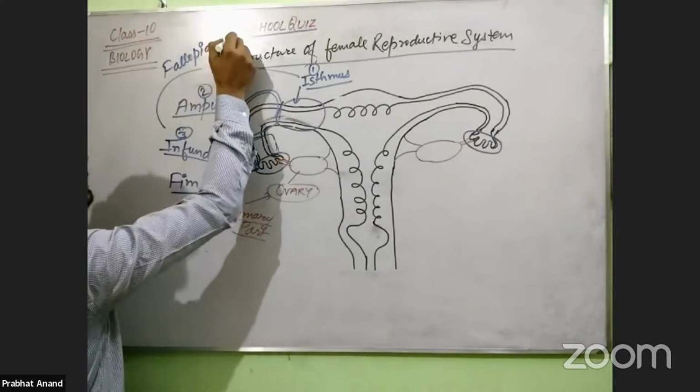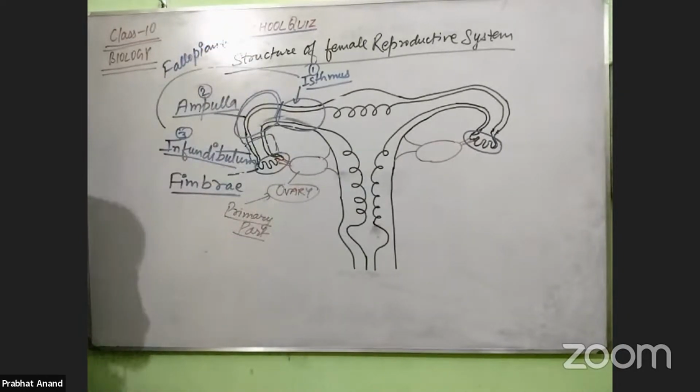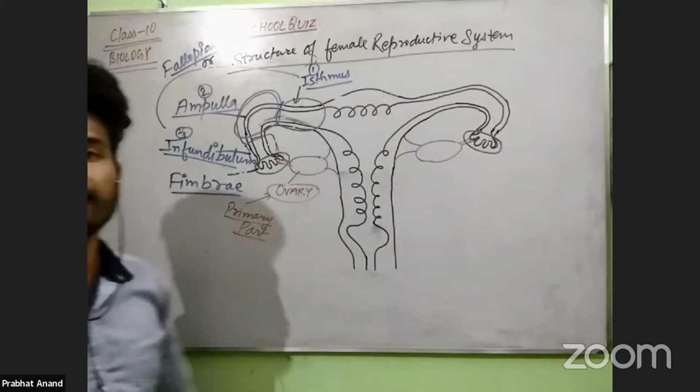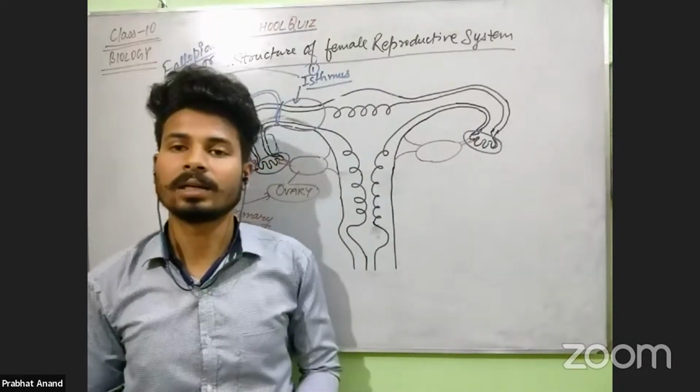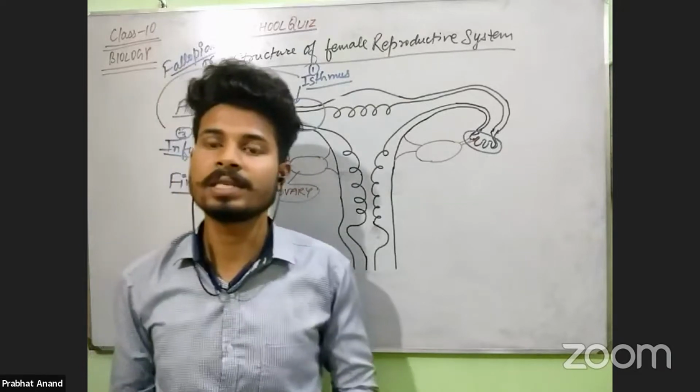What do we call these three parts combined? Fallopian tube, right. So what is the other name of the fallopian tube? As we discussed in the testis section, the other name of vas deferens is sperm duct.